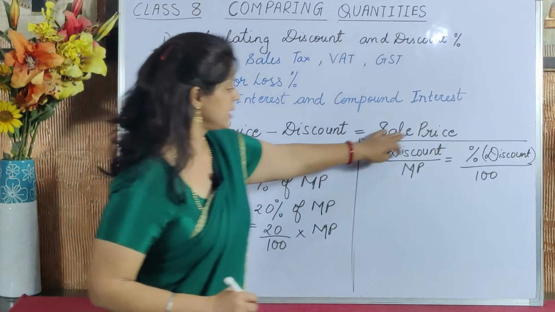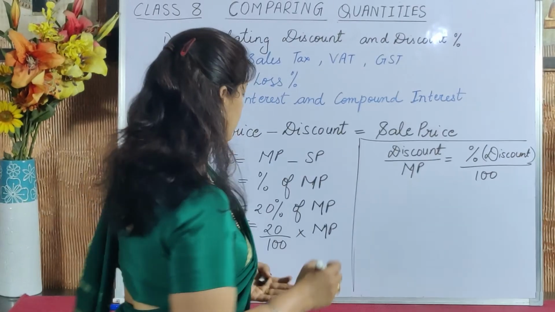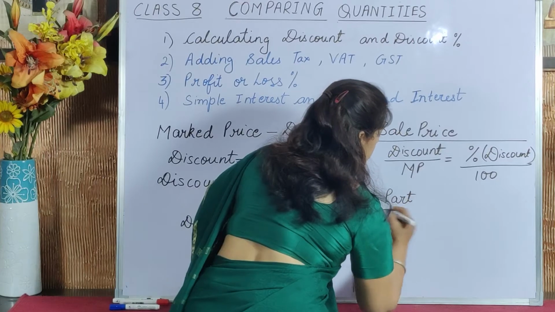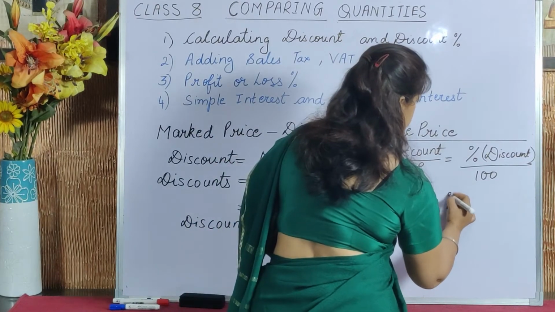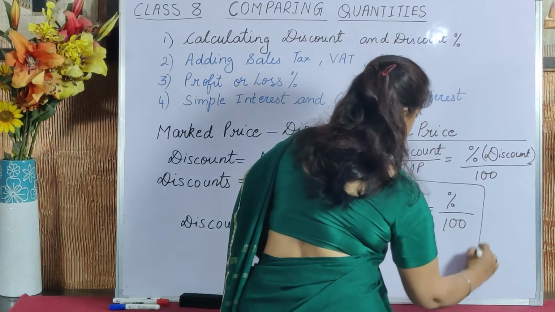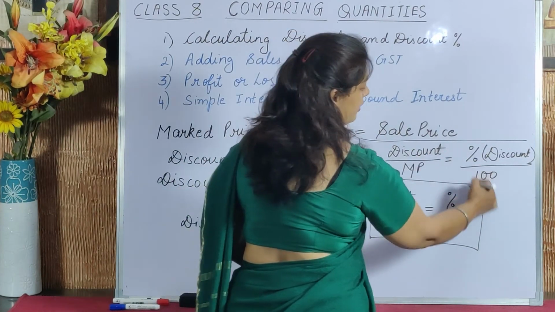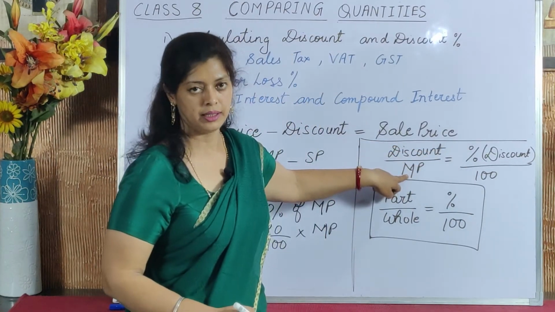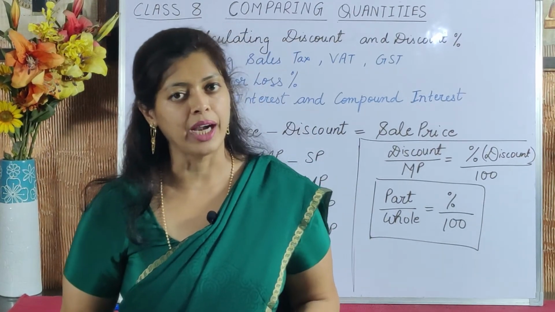So this equivalent fraction is similar to the one we did in the beginning in percentages. That was part upon whole is equal to percentage upon 100. Now, in this, out of these four things, one is 100, one is discount percent and marked price. Out of the remaining three, two will be given to you and you will be required to find the third one.